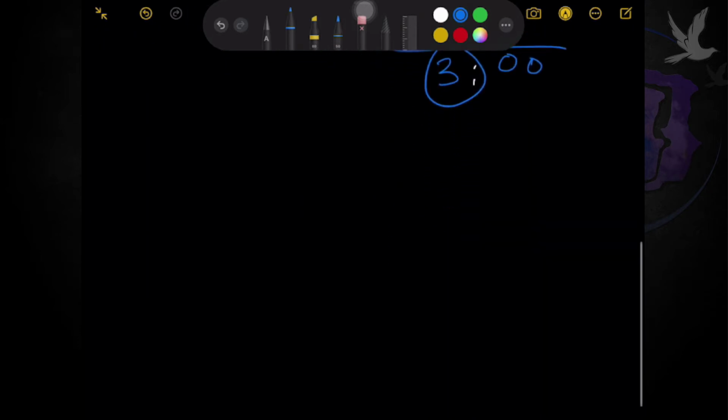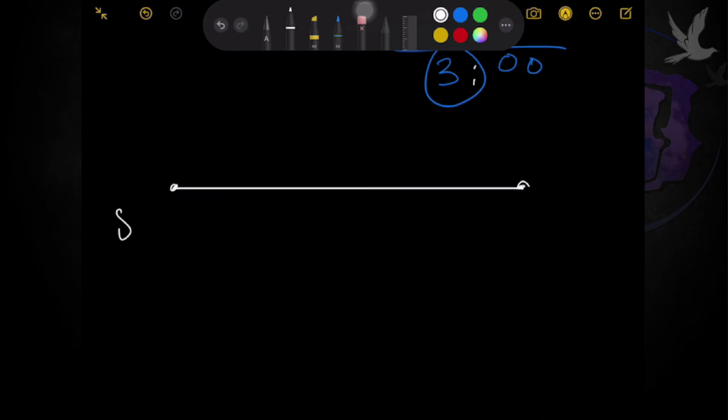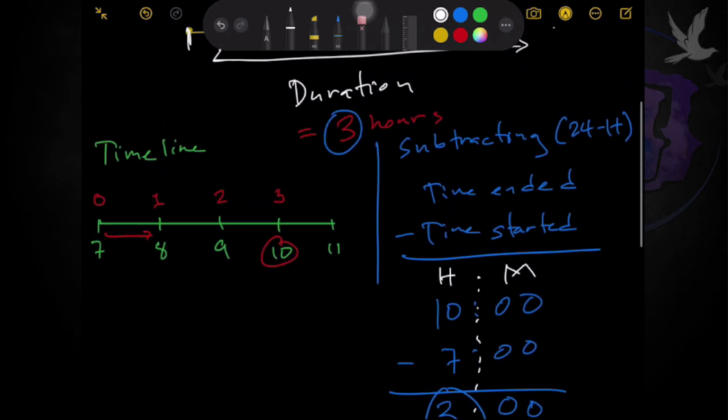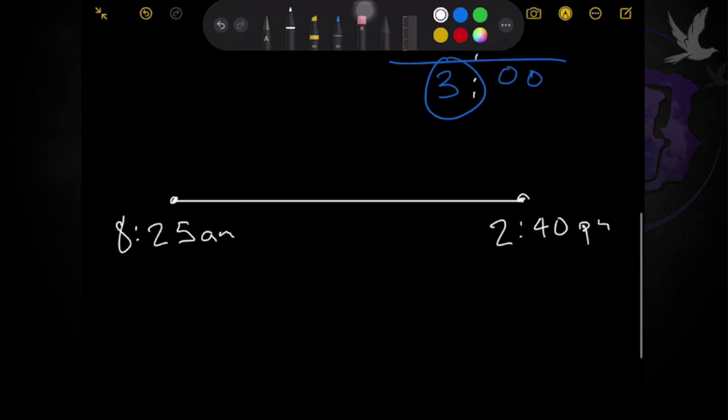Okay, so another example. Let's say our time started is at, let's say, 8:25 a.m. Time ended is at 2:40 p.m. But then again, just to play safe, for our subtracting process, we should change this to 24-hour format, and 2:40 p.m. is equivalent to what time?